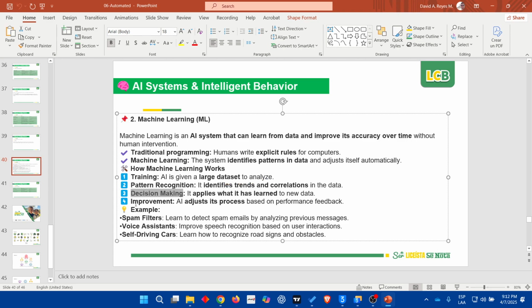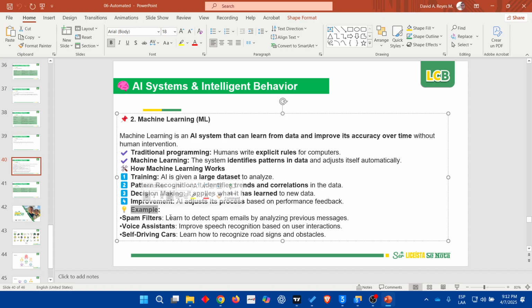And improvement, that means that it is going to adjust the process. That means that possibly the second time that you go into that game, you are going to do it a little bit faster because you recognize the pattern of the last one.